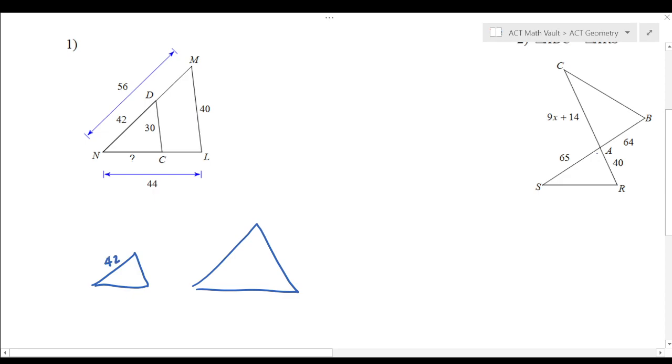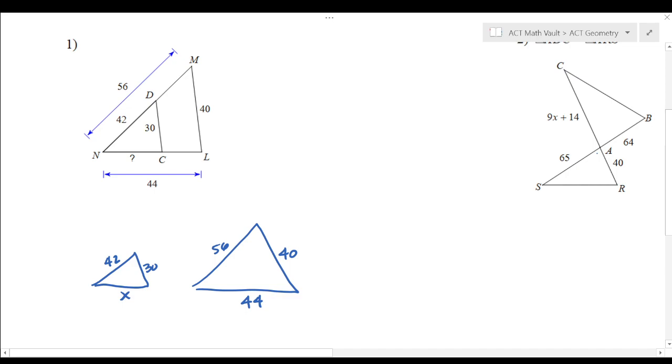I know this is 42, I know this is 30, and I'm solving for this side on the smaller. It tells me that this is 56, 40, and 44. So right away, I can tell in my diagram that this 30 to 40 is a 3 to 4 ratio from the smaller to the larger.